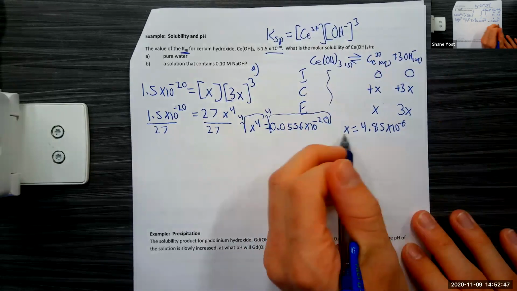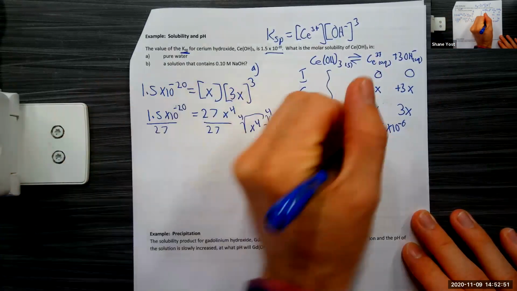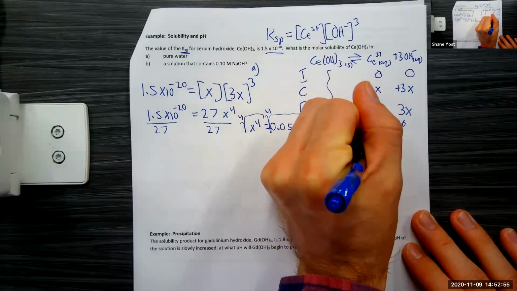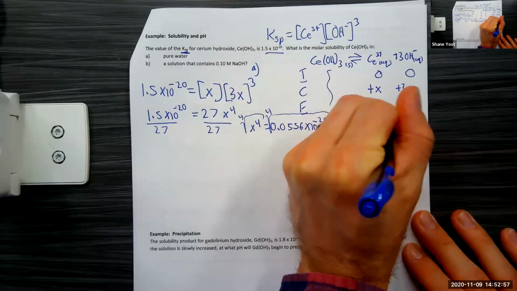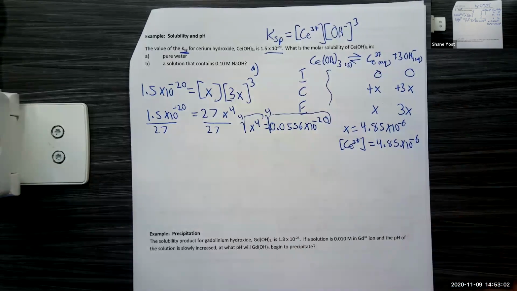So this is X, which represents the concentration of Ce3+ ions in solution, 4.85 times 10 to the minus 6. That's the concentration of cesium ions in solution, which is the number of moles of cesium ions that were dissolved in, say, 1 liter of water.